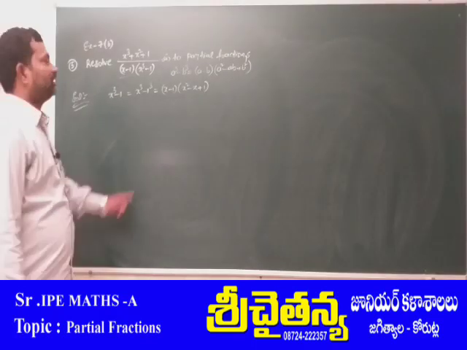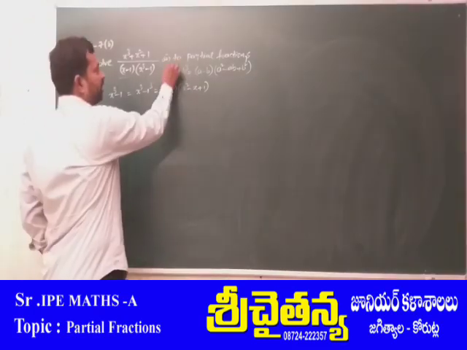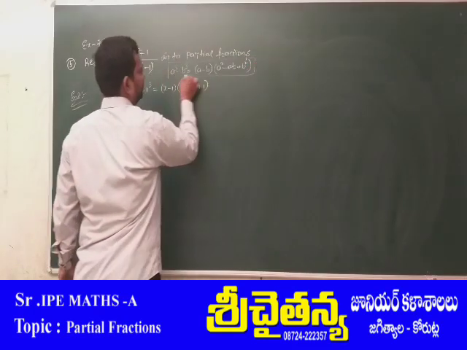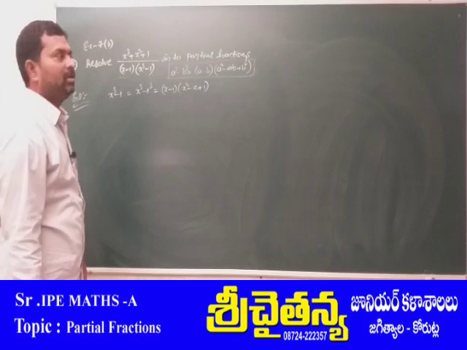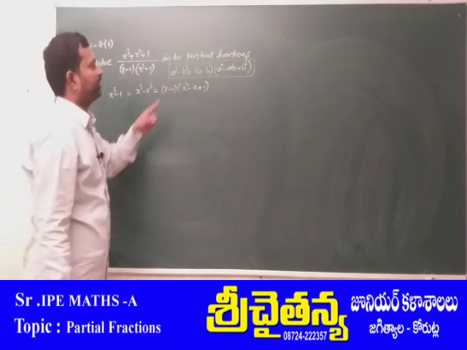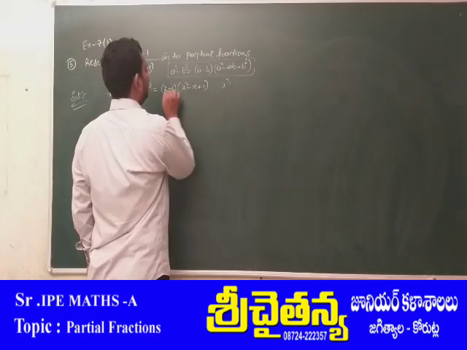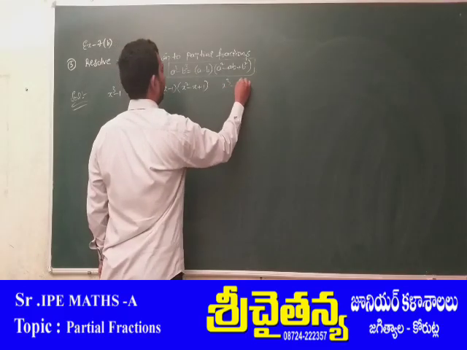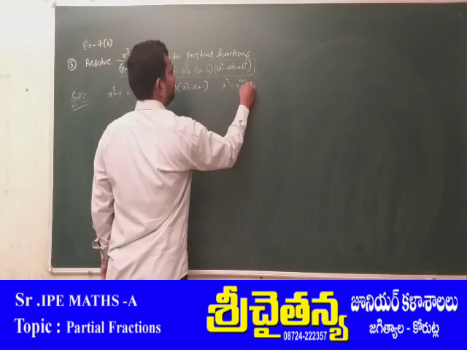Just check, here we wrote the formula. Is this right or wrong? So x into x square is x cube. Next x into minus x is minus x square, plus x into 1 is plus x.